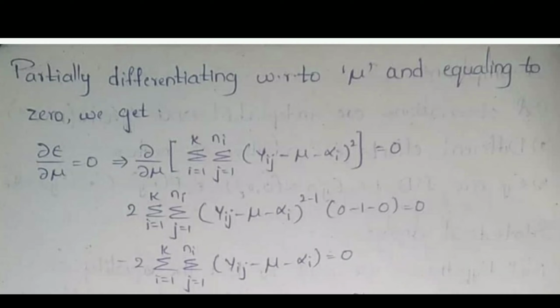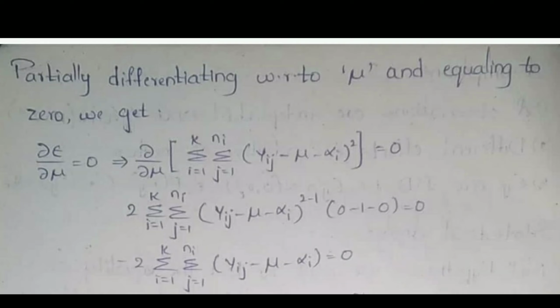Partial differentiation with respect to the parameter mu, equating to 0. That is, dou E by dou mu equals 0. Differentiating the right-hand side, using the power rule first: 2 into the double summation of yij minus mu minus alpha i to the power 2 minus 1.